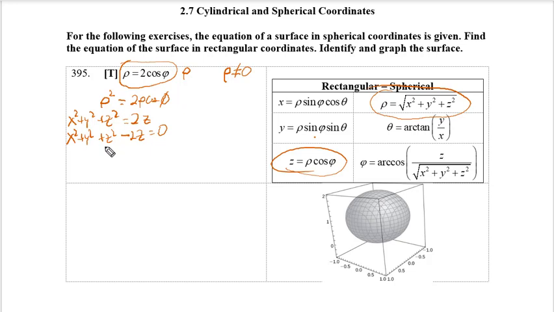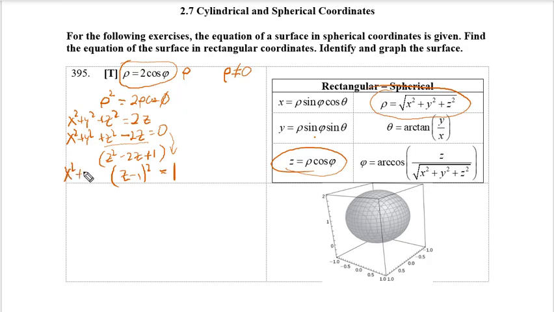This z squared minus 2z, we're going to do completing the square on. If we take half of the 2, which would be 1, and square it, we need to add a 1 here so that we come out with z minus 1 in parentheses squared. Well, if we add 1 on the left, we also have to add 1 on the right.